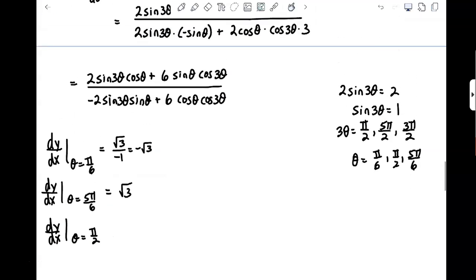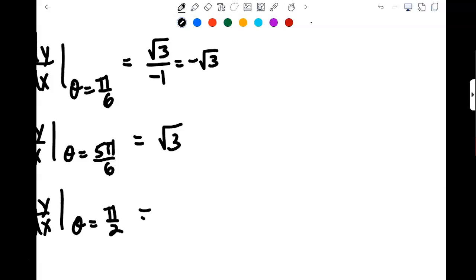What's going to happen when you do pi over 2 is cosine of pi over 2 is 0, so that whole term goes away. Cosine of 3 pi over 2 is also 0, so that whole thing goes away. On top it's 0. Cosine is again 0. And in the bottom, this is going to be a bunch of 1s, with a minus 2, but there's a 0 on top. And so that one has a slope of 0.